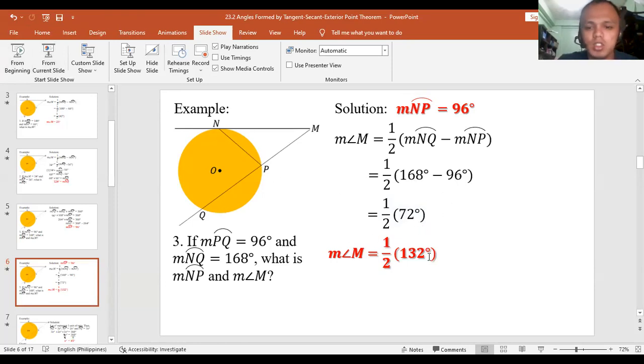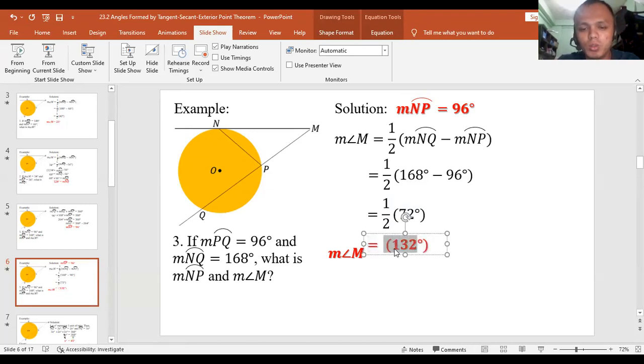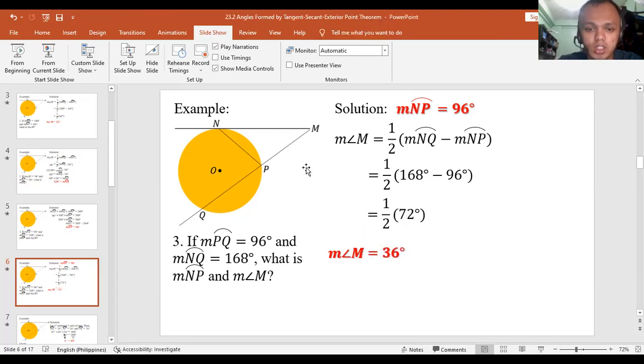So here, 72 times one half is equal to 36 degrees. So the measure of angle M here is 36 degrees.